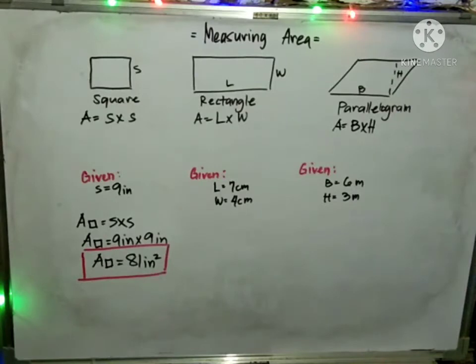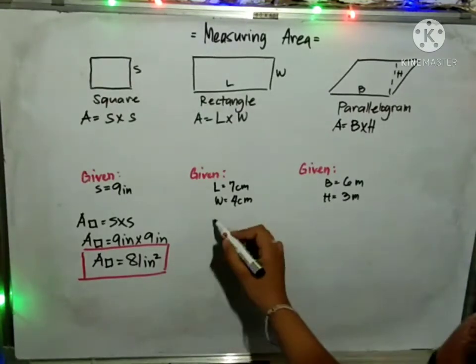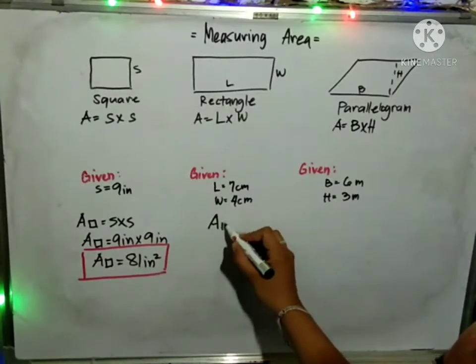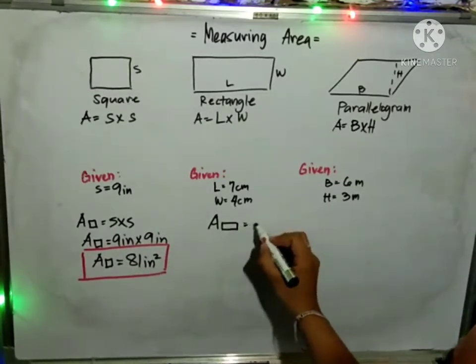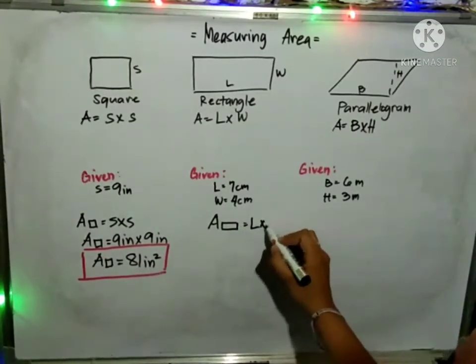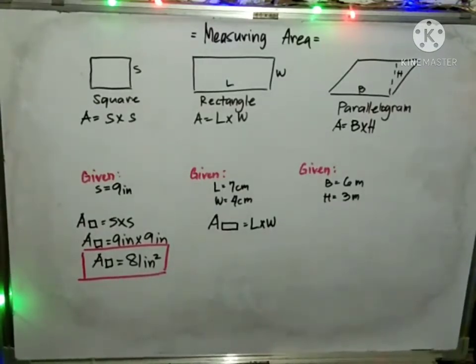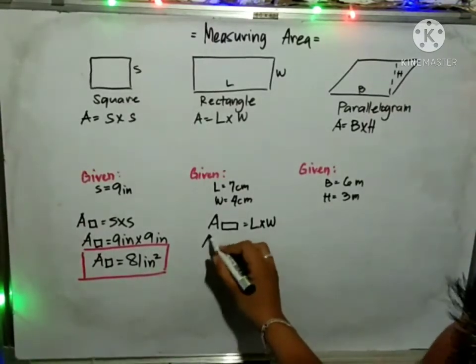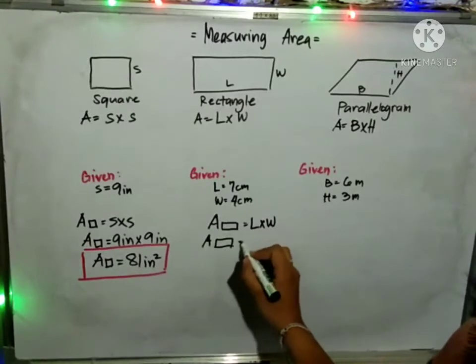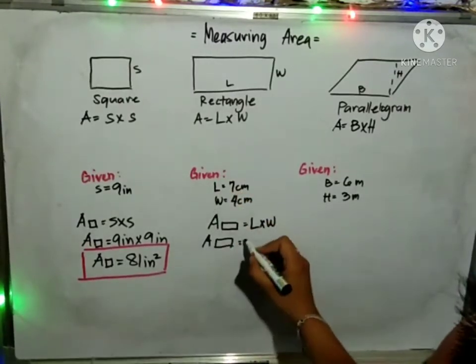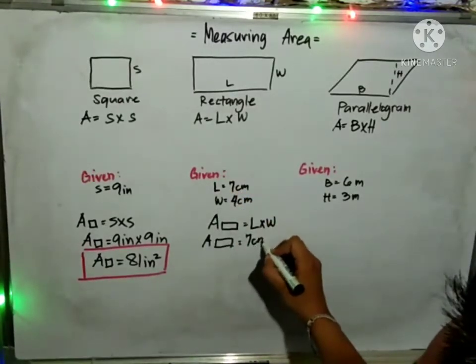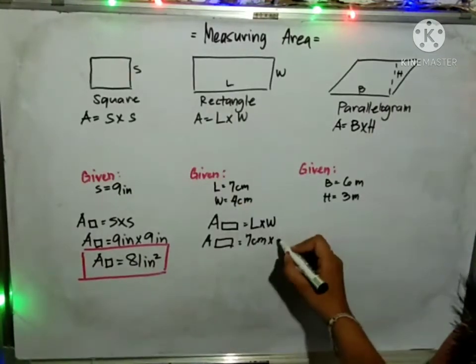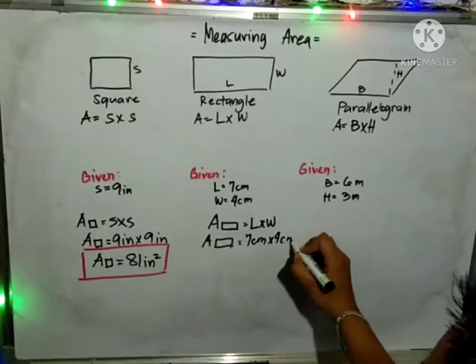Now, in finding the area of the rectangle, given the length is 7 centimeters and the width is 4 centimeters, we use the formula: area of rectangle is equal to length times width.